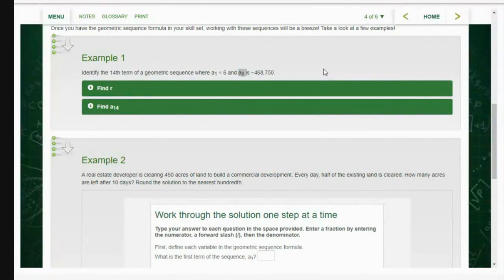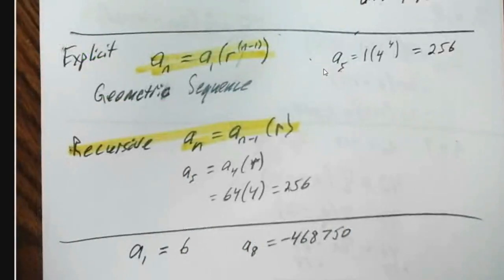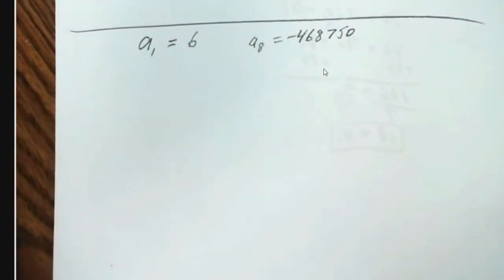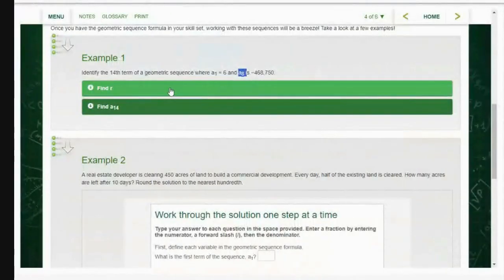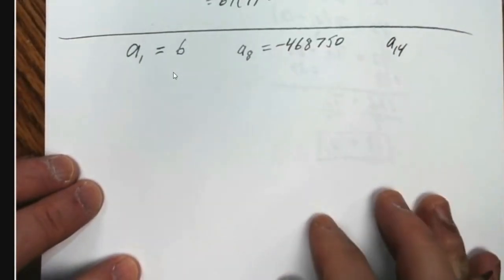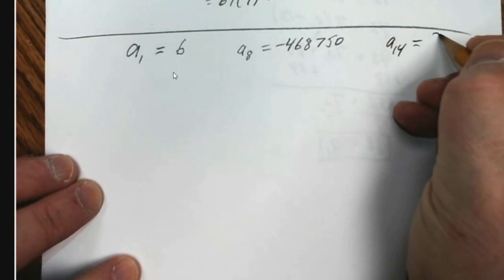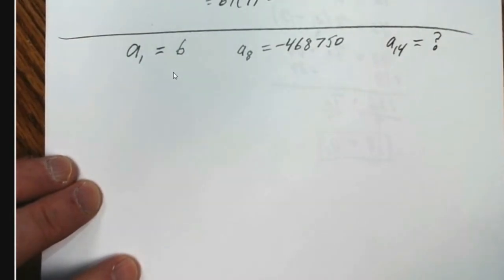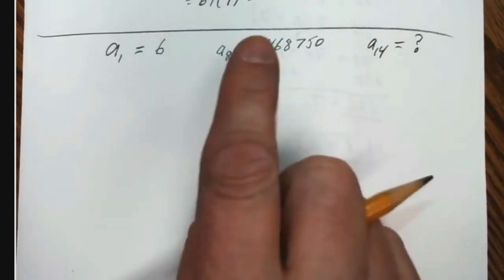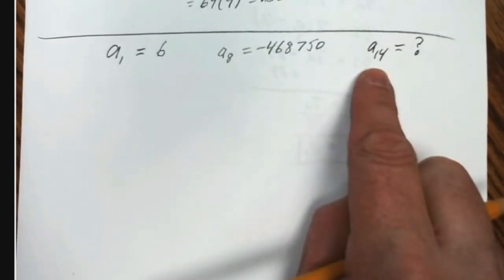Ooh, that's going to take a calculator. They want to know what A14 is. So we have the first term, we have the 8th term, and they want to know the 14th term.